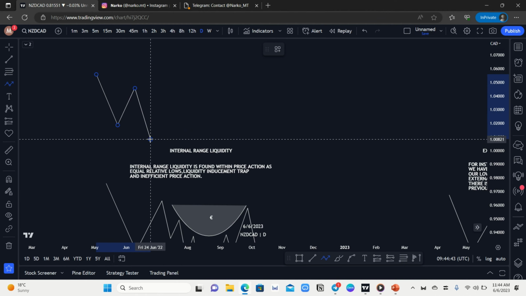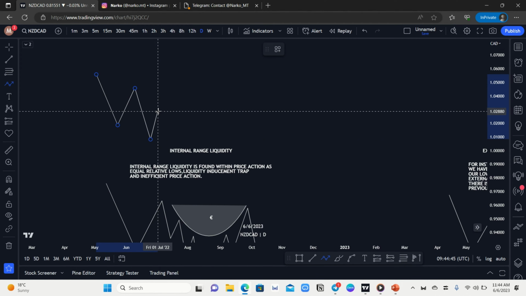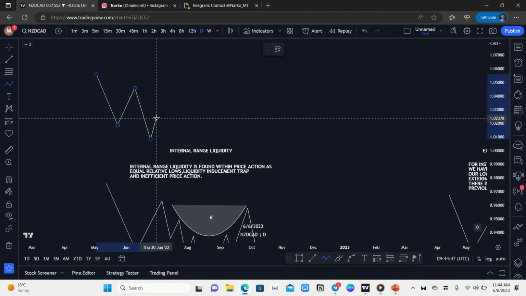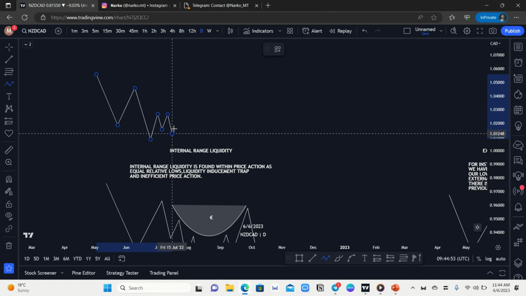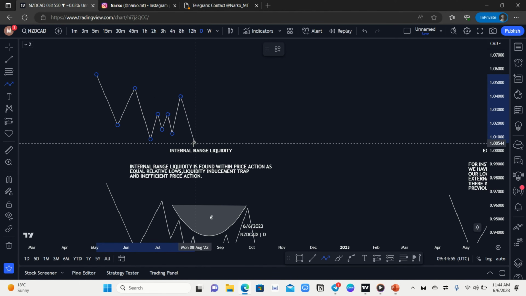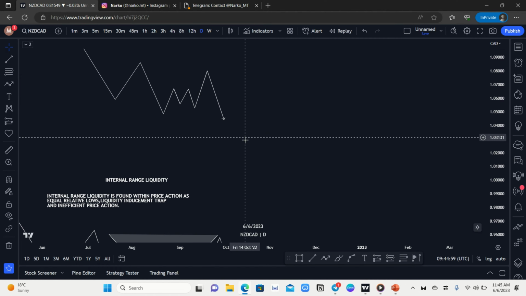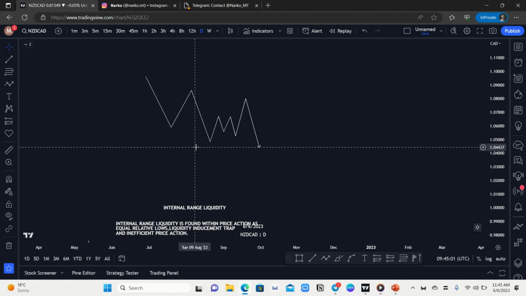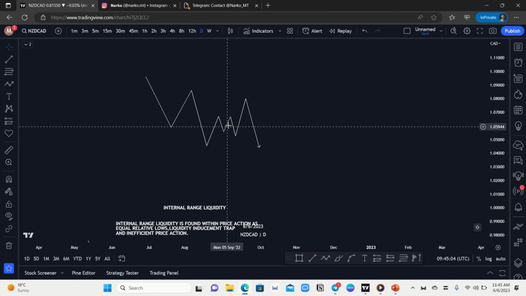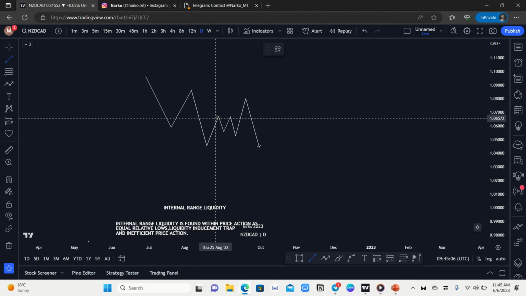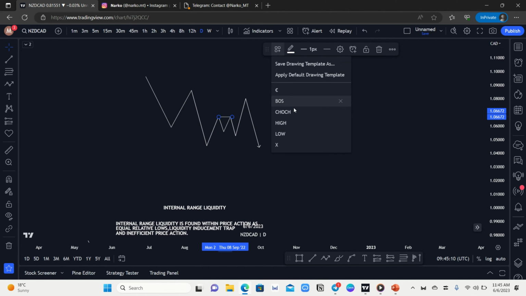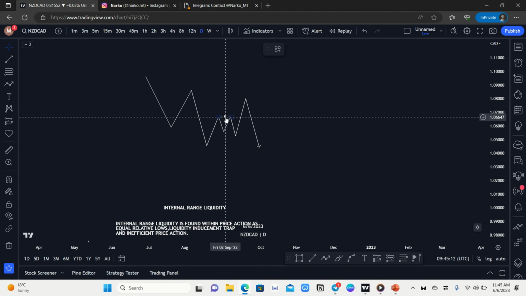Internal range liquidity can come as internal range equal relative lows, meaning you have equal relative lows here, whereby price needs to sweep them out before pushing to the upside.